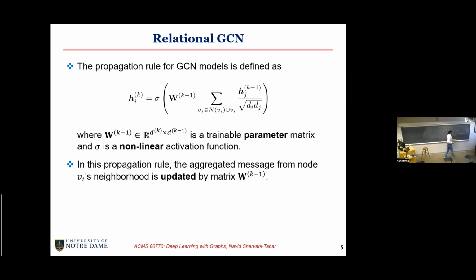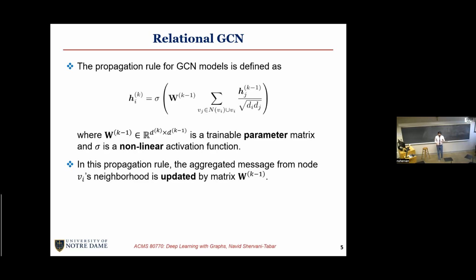Now we define our weight as a dk by dk minus 1 dimensional matrix, where dk refers to the dimensionality of the node embeddings at step k, and dk minus 1 refers to the dimensionality of the node embeddings at step k minus 1. So the inputs are vectors of size dk minus 1, and outputs are vectors of size dk. We said that we were using this as our weight matrix, our model parameter.